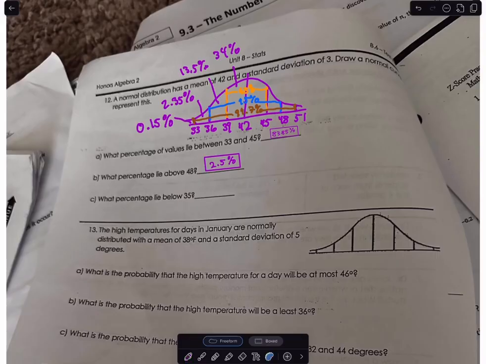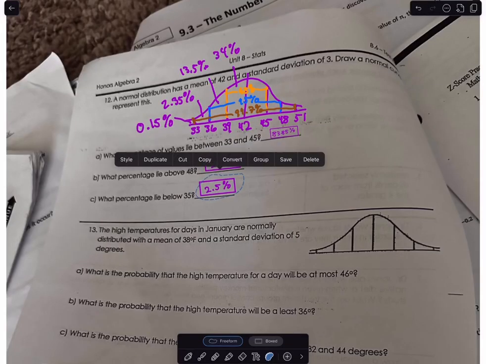Again, I'm kind of short on time. This one, I'll put a star next to it. Let me check something.